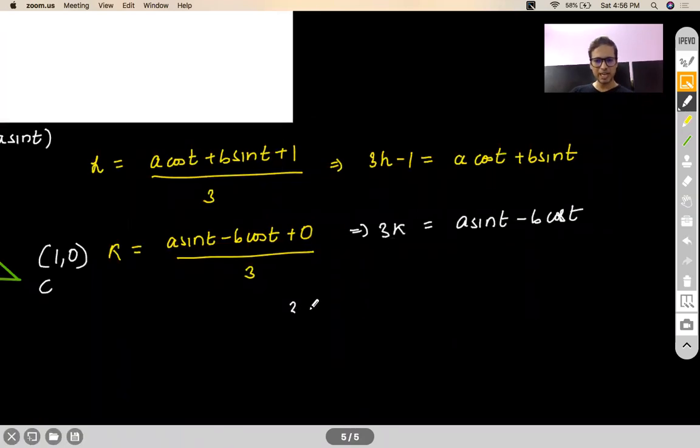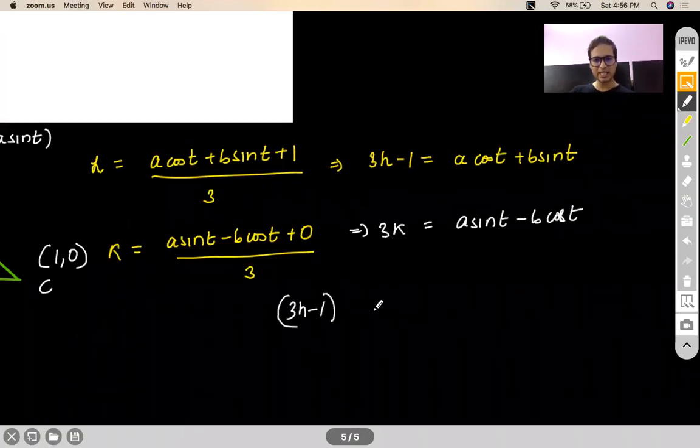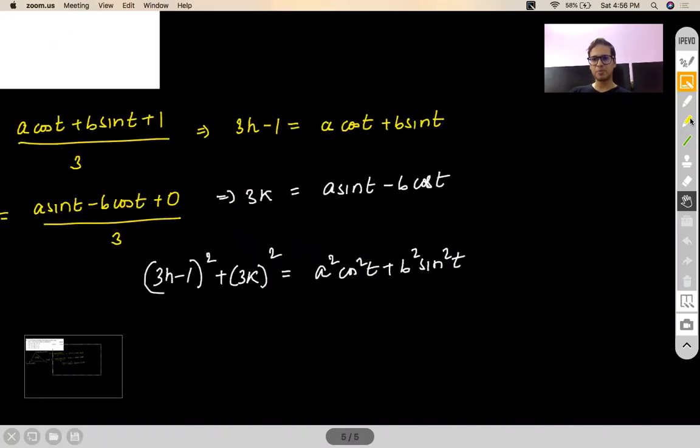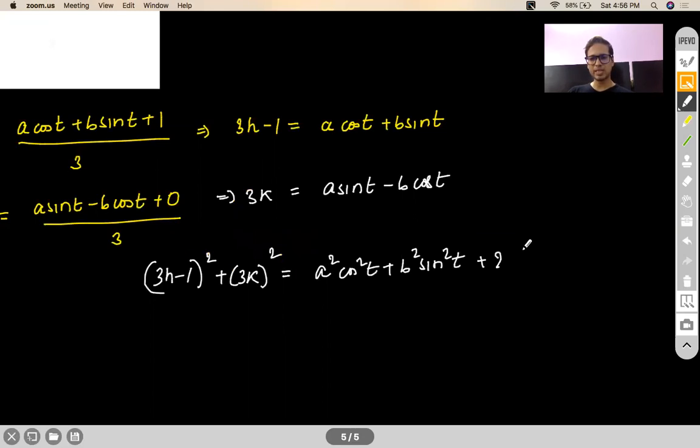So when I do that, the square of this will be a square cos square t, b square sin square t, plus 2ab cos t sin t, and this will be a square sin square t, b square cos square t, minus 2ab sin t cos t.